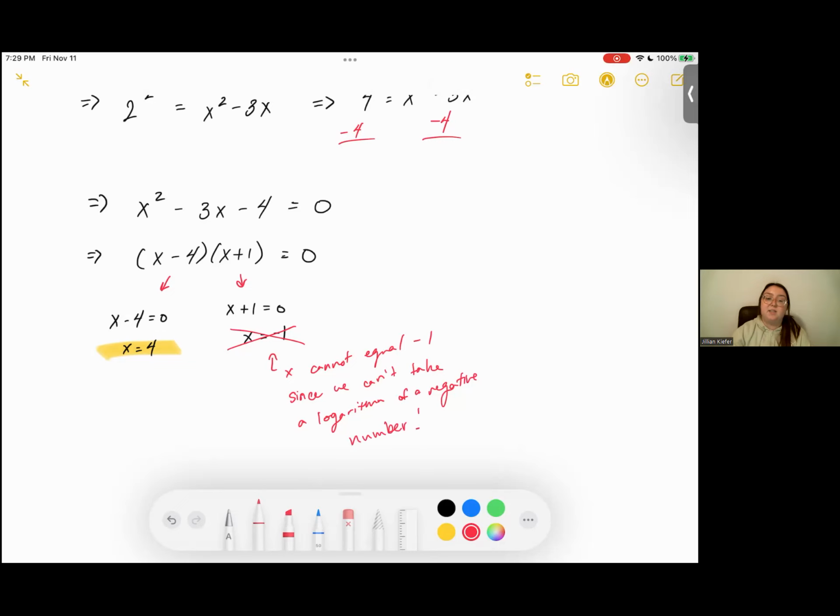So with a problem like this, even though you actually can find two values of x, one of those values of x doesn't even exist in the domain of the logarithm, which means that it is not a viable value of x. So in this case, only x equals 4 is the right answer in solving for x.